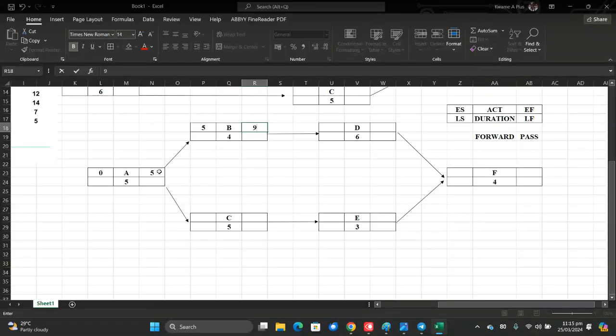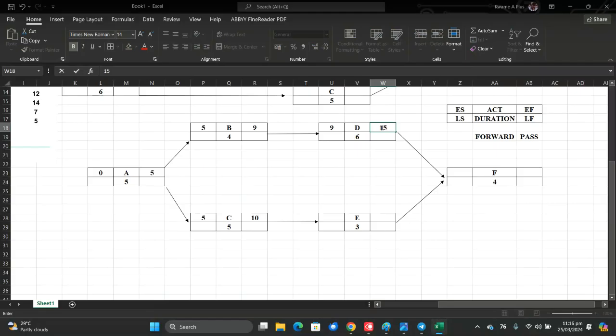Yes, please. Okay, and then let's come to C also. The earliest start for C is going to be the earliest finish of A. Here becomes also 5, and then here becomes 10, adding this and this to get 10. D: the earliest start of D becomes the earliest finish of B. So here becomes 9, and then here becomes 9 plus 6, which is 15.